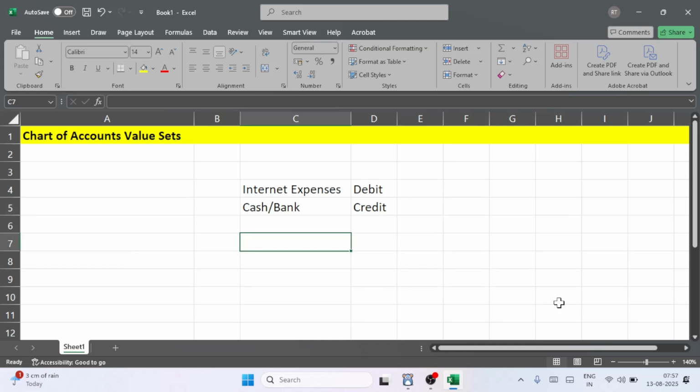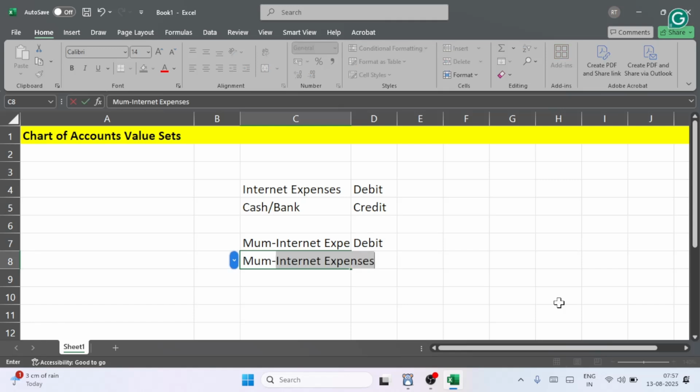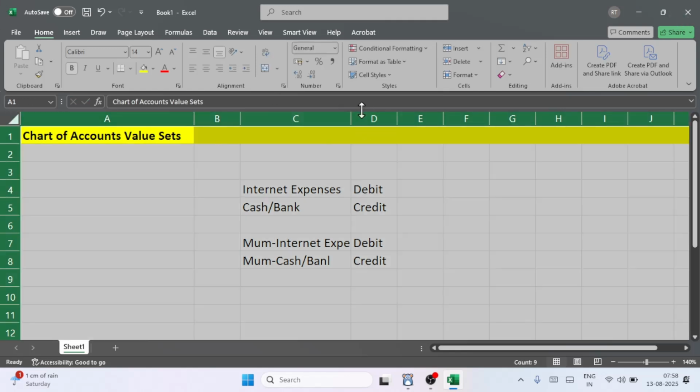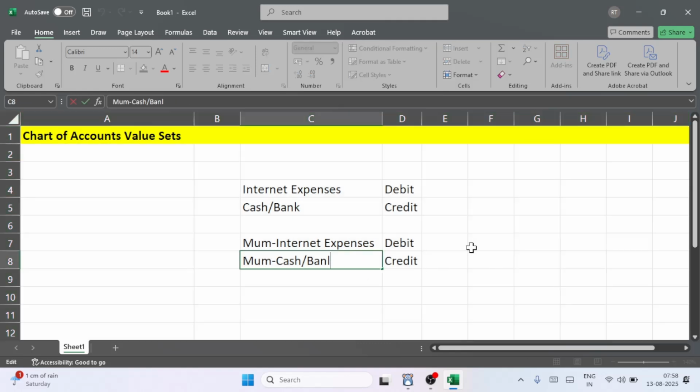In this case, I specify the branch code first: Mumbai, internet expenses, debit; Mumbai, cash or bank, credit. In this way, I specify the branch code.